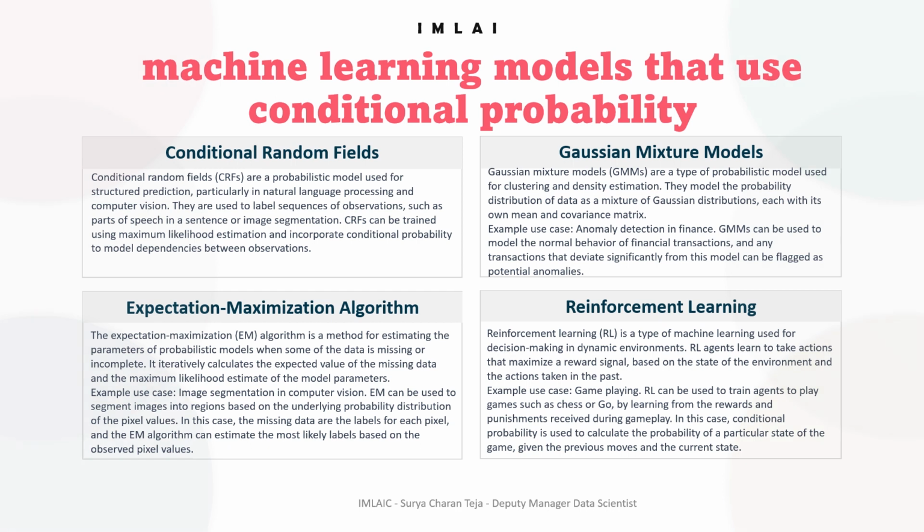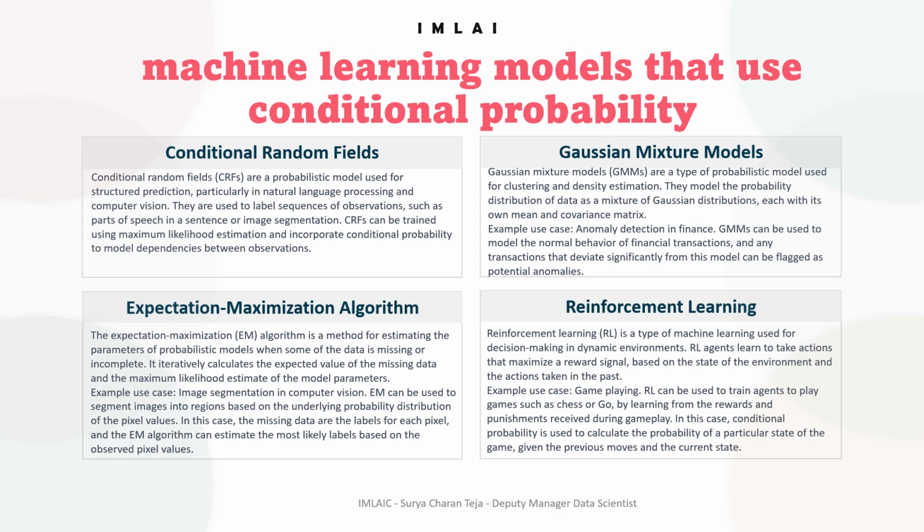Reinforcement learning is a type of machine learning used for decision making in dynamic environments. Reinforcement learning agents learn to take actions that maximize a reward signal based on the state of the environment and actions taken in the past.